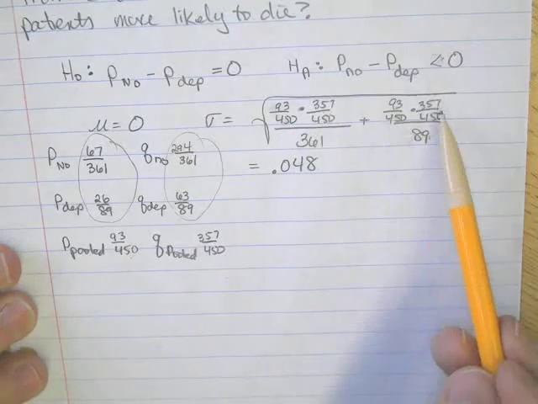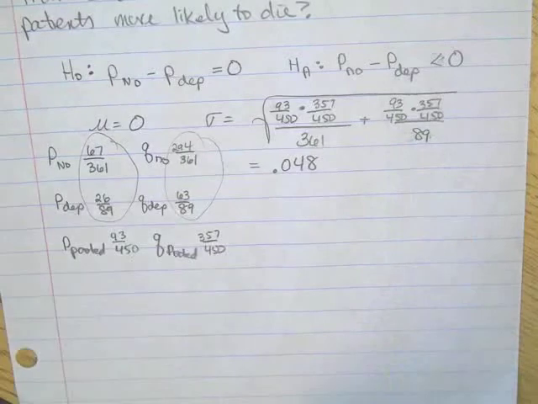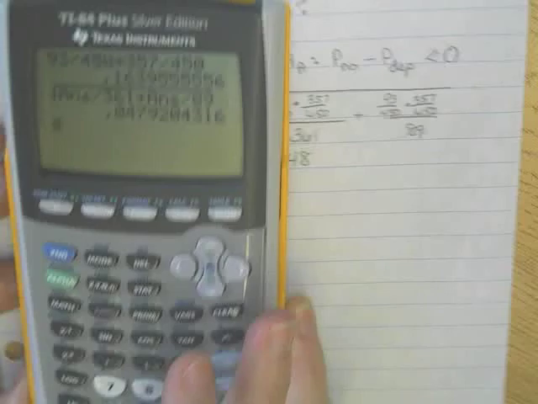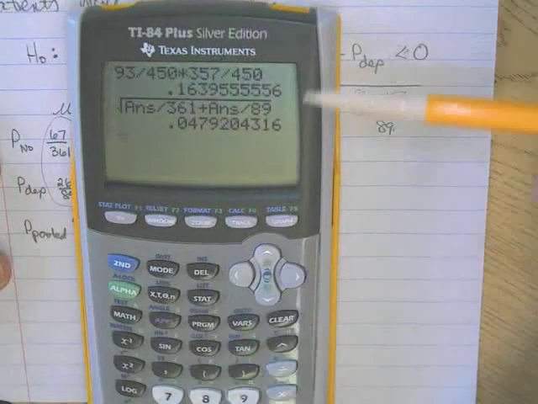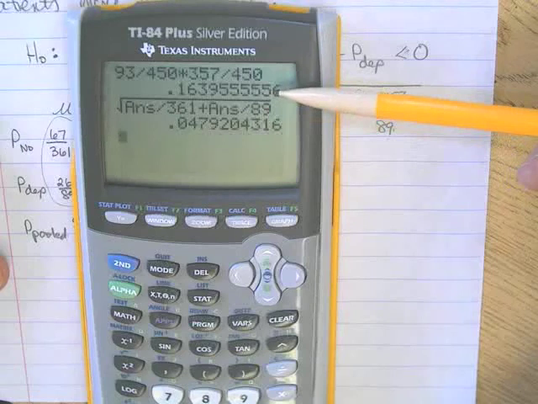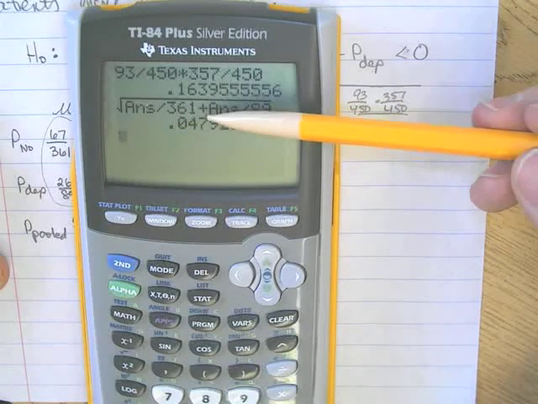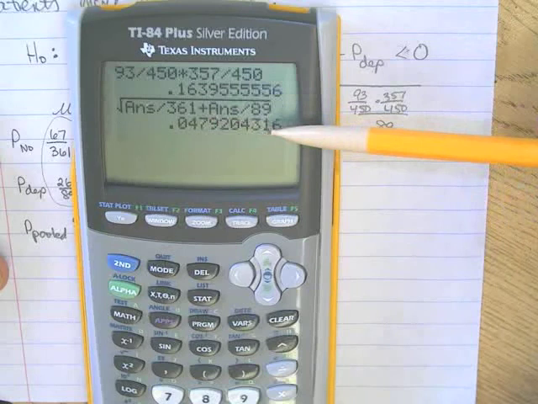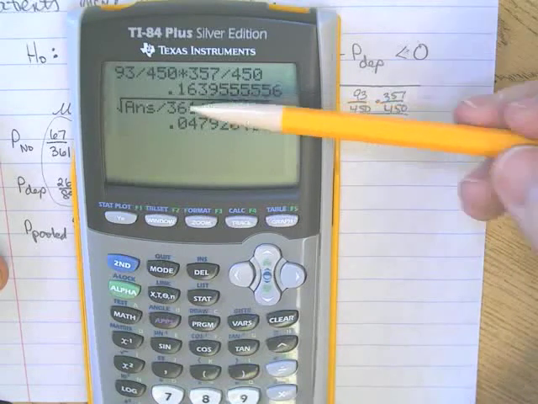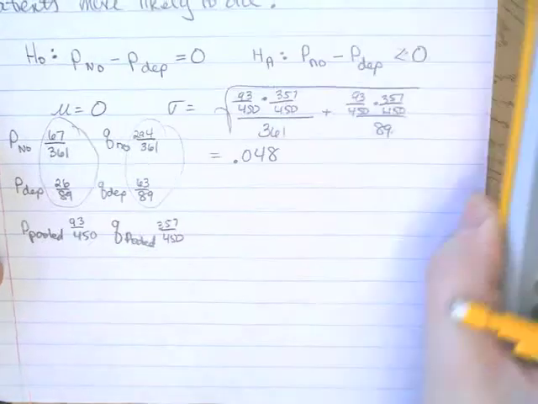So what I just did real quick is I found out what the pooled were right here, and instead of typing it in twice, I took that answer divided by 361 plus that answer divided by 89. That way it took that answer and put it in both places. So our standard deviation is 0.048, okay?